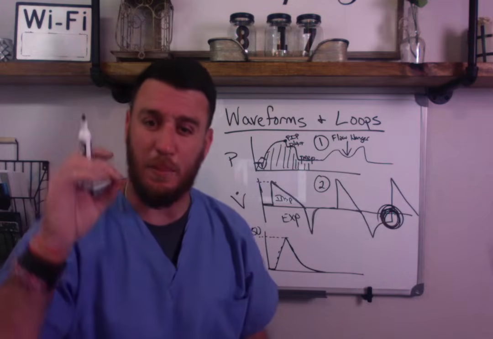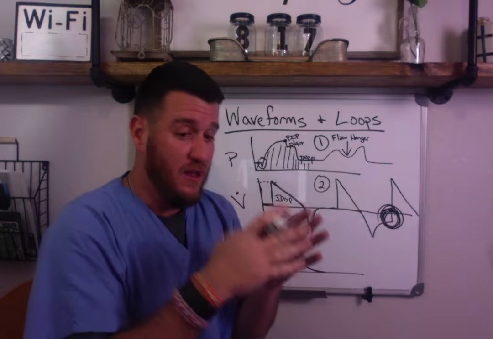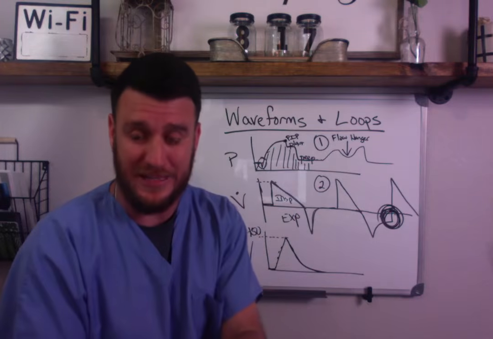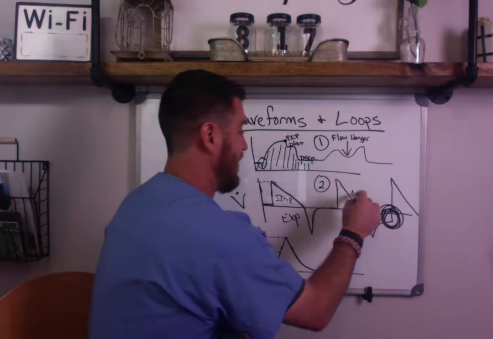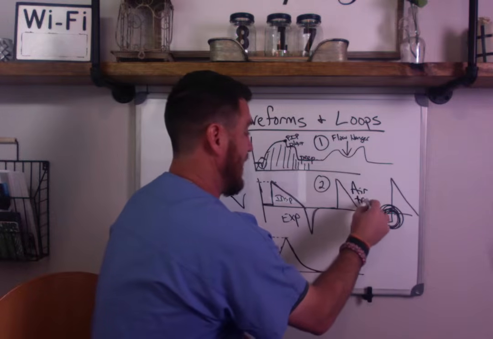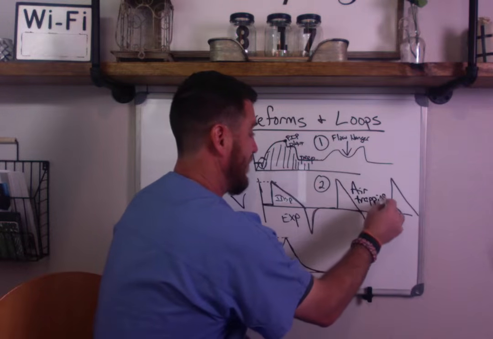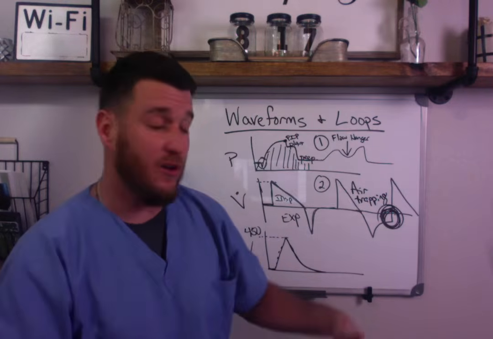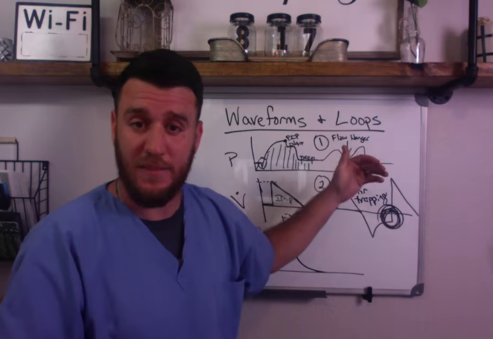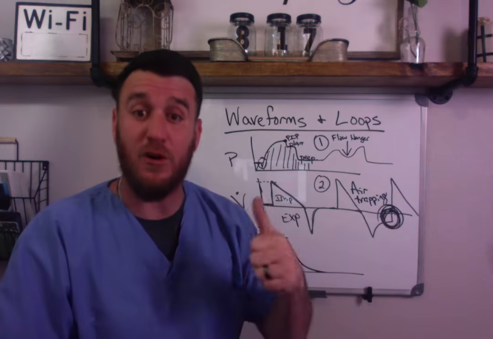If your flow fails to come back to baseline, then you have a patient who is air trapping. This is air trapping. Now for this patient, even though they may not appear flow hungry, they may still need their flow increased.